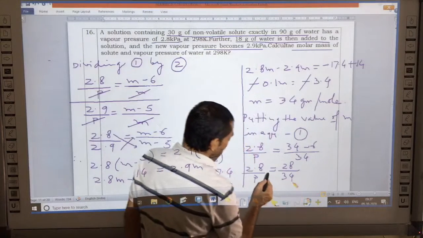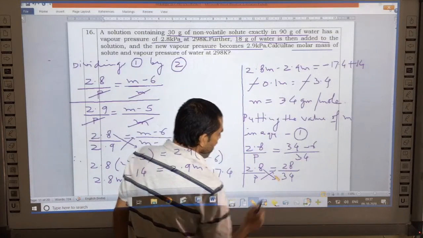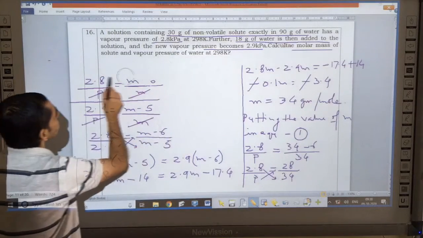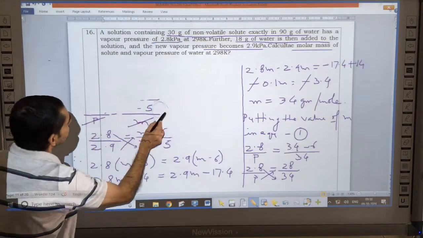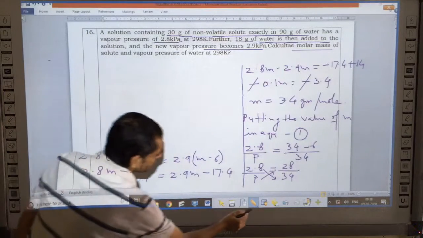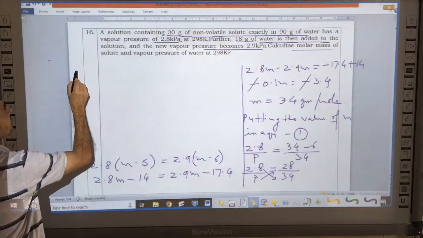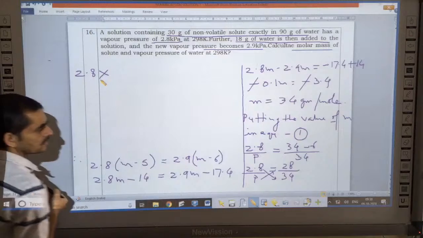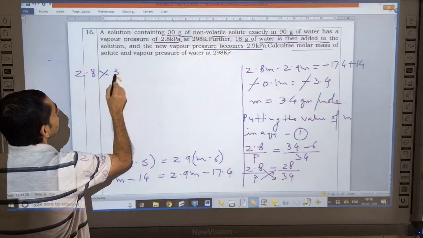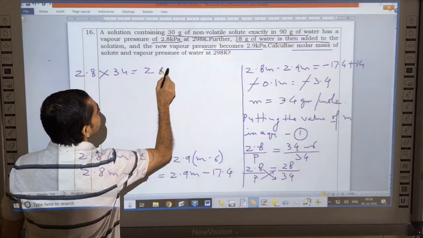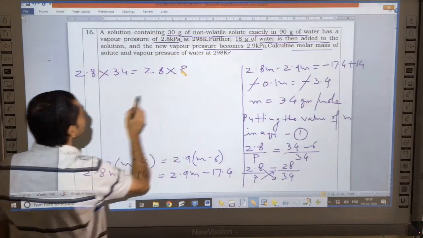You cross multiply it, you will get the answer. Let us do it. 2.8 into 34 is equal to 28 into P. This is vapor pressure.